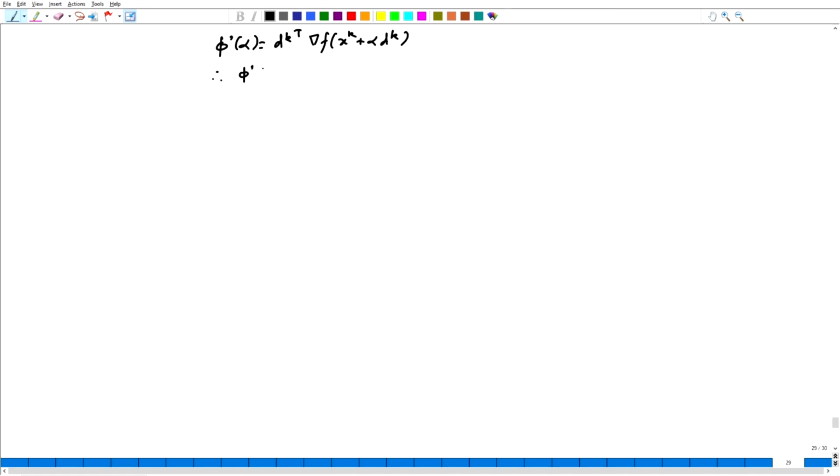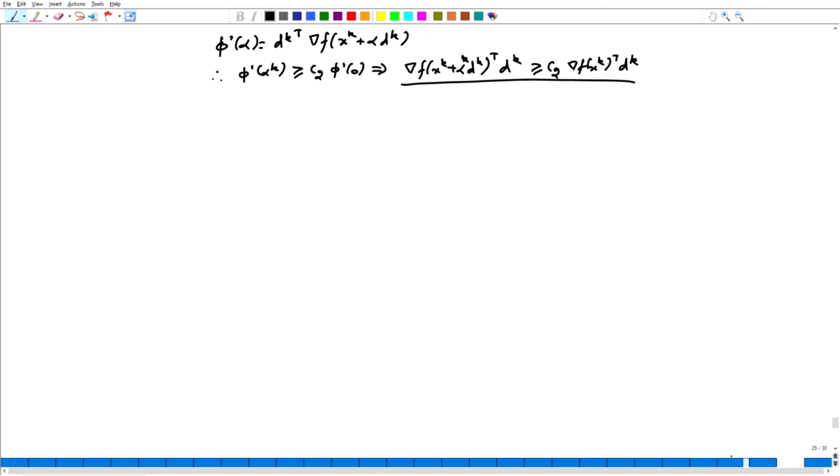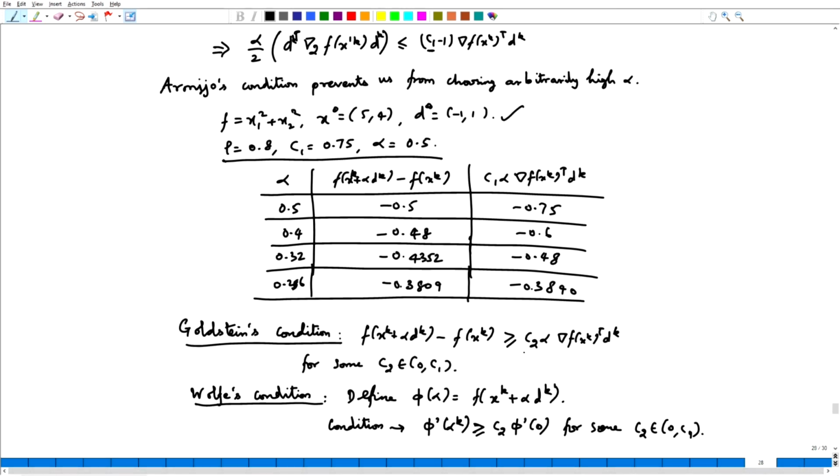Therefore, phi dash of alpha k greater than or equal to C 2 phi dash of 0 just implies del f of x k plus alpha k d k transpose d k is greater than or equal to C 2 into del f of x k transpose d k. So the right hand side is similar to what you had here.